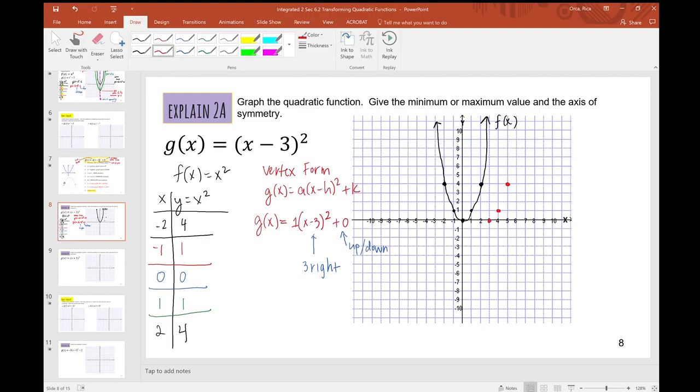Move (-1, 1) 3 units to the right. 1, 2, 3. And move (-2, 4) 3 units to the right. 1, 2, 3. Draw the graph. Label it. Highlight it.